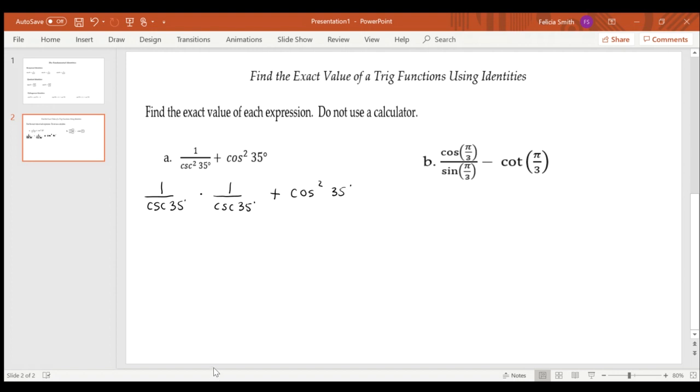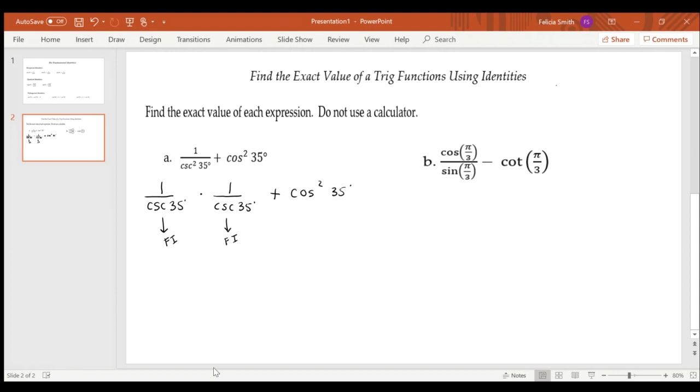I'm still adding my cosine squared of 35 degrees. And now I can go ahead and rewrite these fractions using one of the fundamental identities. Now, we have the list from earlier, and you can keep that handy and reference it. And remember that this fraction is not on our original list, but in a previous example, we had taken some time to actually rewrite one of our identities.